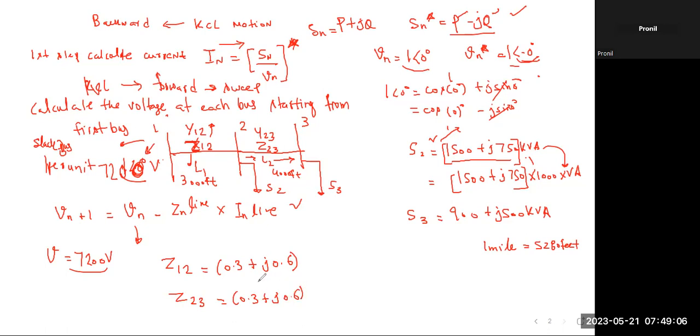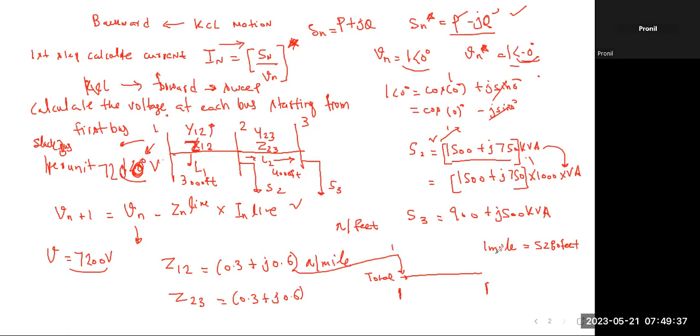And the unit of this is very important. This unit is in terms of ohms per mile, but our unit should be in terms of ohms per feet because of the length of the transmission line. So the total impedance of Z12 would be for the entire length of the line. At a point, the impedance is equal to this value, but what about the total length? That we have to take into consideration.